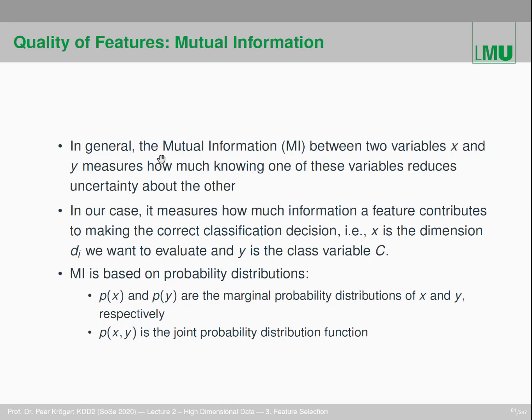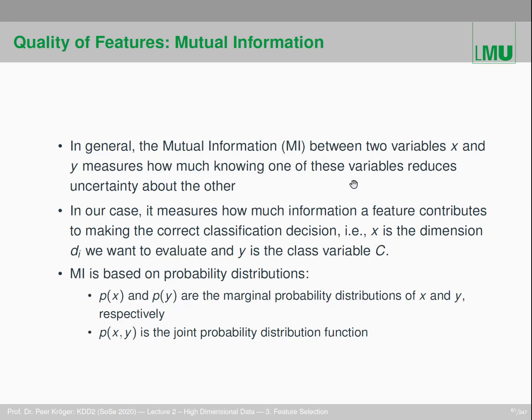How much do you also know about y in that case? So how much knowing about one of these variables, one of these features, reduces the uncertainty about the other. In other words, if you know something about x, how much can you derive from this knowledge about y?